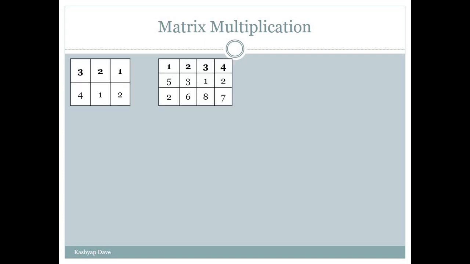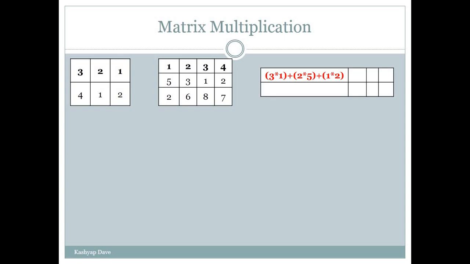In simple matrix multiplication we have two matrices, and for the multiplication of the two matrices we will need a third matrix.